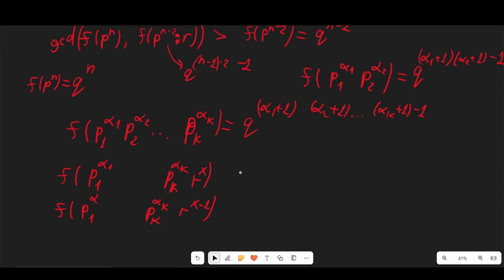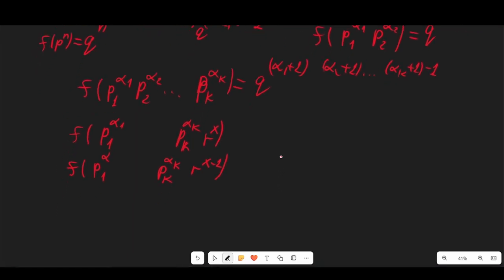For this, let's consider the GCD of f of p1 to the alpha 1 up to pk to the alpha k times r to the x, and the second number would be f of p1 to the alpha 1 plus 1, p2 to the alpha 2 plus 1, and so on, pk to the alpha k plus 1, r to the x minus 1.